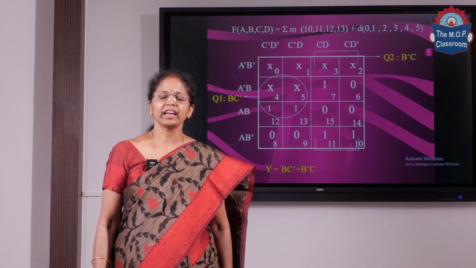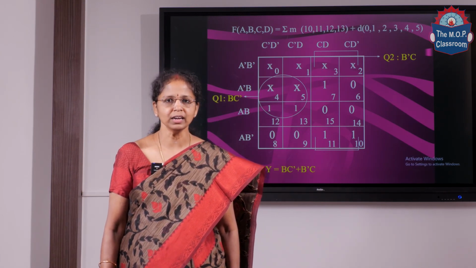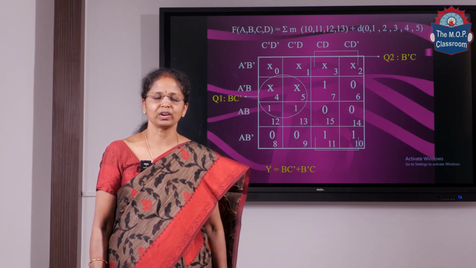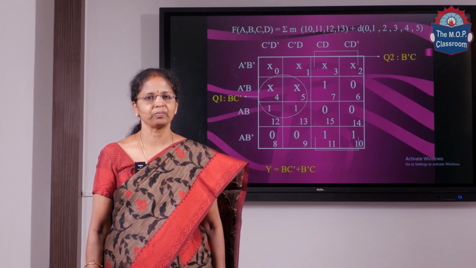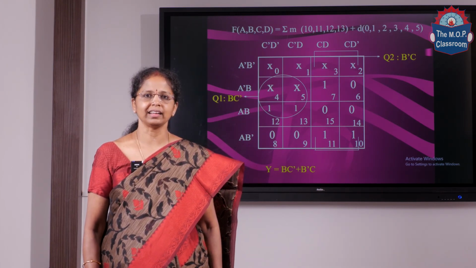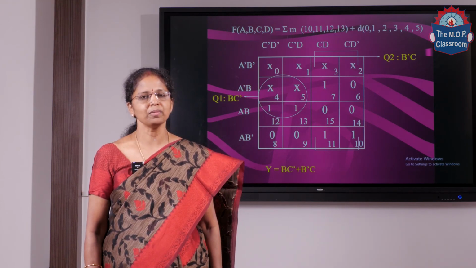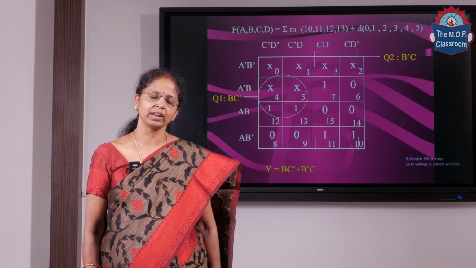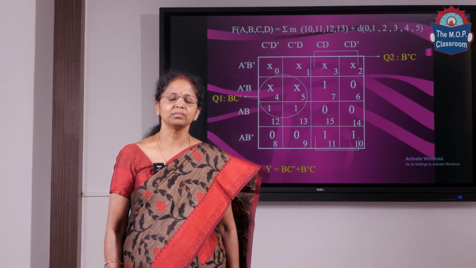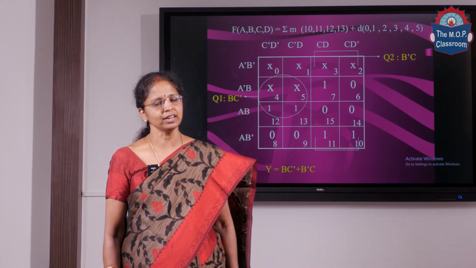So, we have seen more examples on how to use K-map for simplifying the Boolean function. We will just quickly recap the steps we need to follow. Given a Boolean function, we have to represent that in the K-map. For that, first we have to see how many variables are given in the Boolean expression. The Boolean function might be 2 variable, 3 variable, 4 variable. Depending on that, choose a K-map.